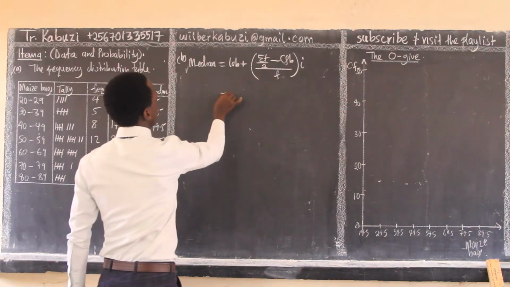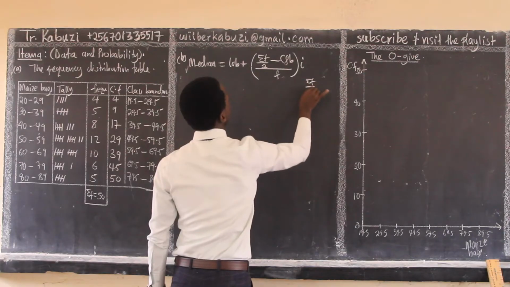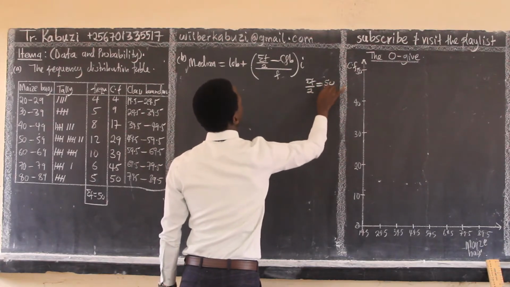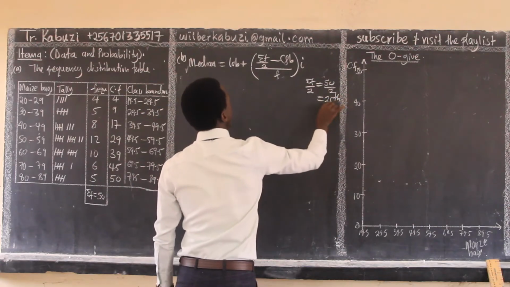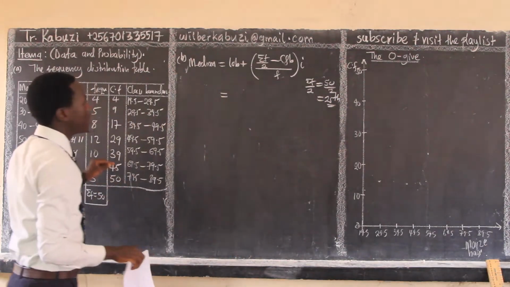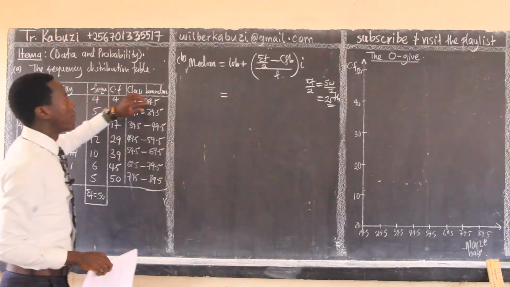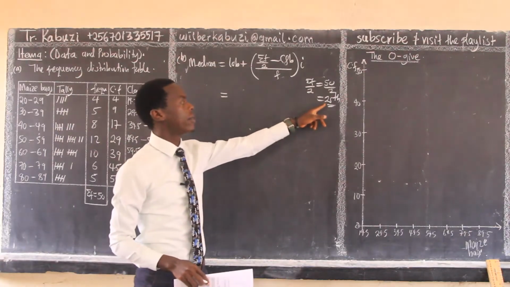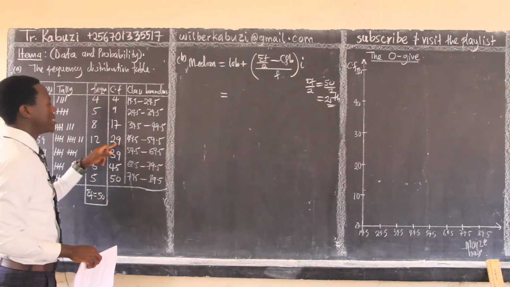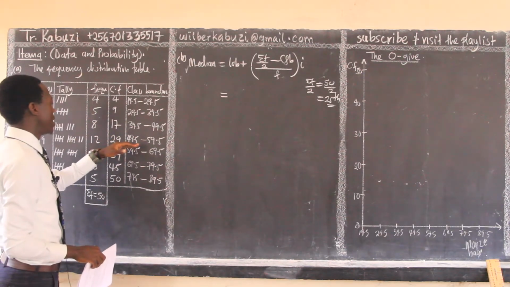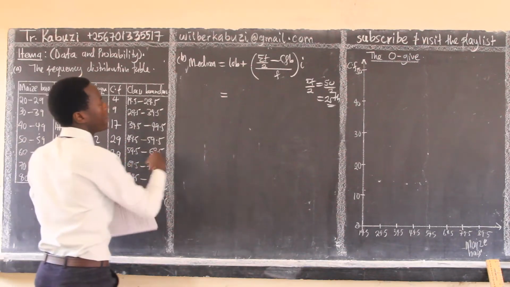So here we come and we get our summation F over 2. Our summation F over 2 will be 50 divided by 2, which will give us 25. So we are looking for this class. We come to the cumulative frequency and look for where 25 is. Here we have not reached 25, so 25 is in this cumulative frequency, in this row here. So there, the lower class boundary is 49.5.